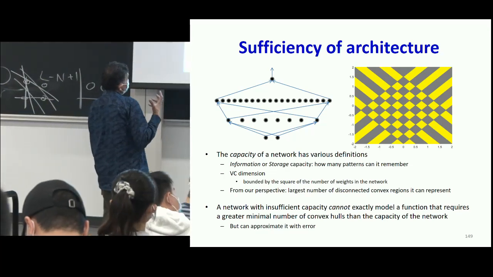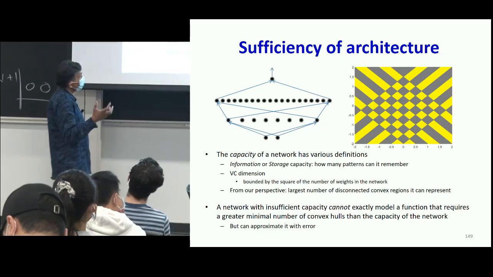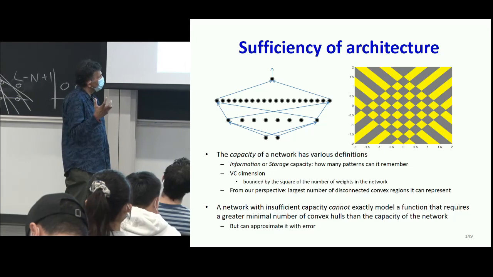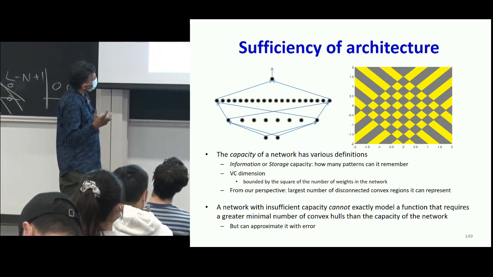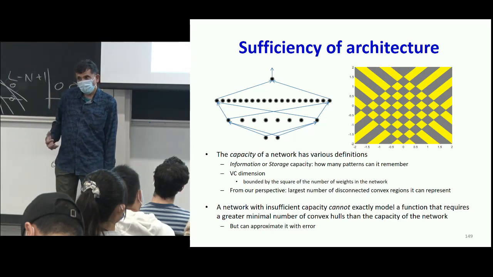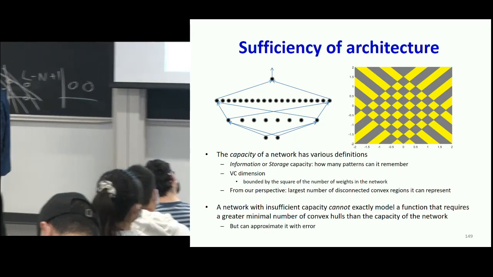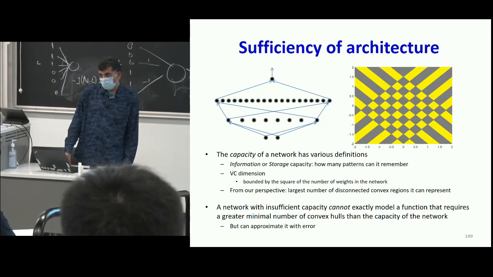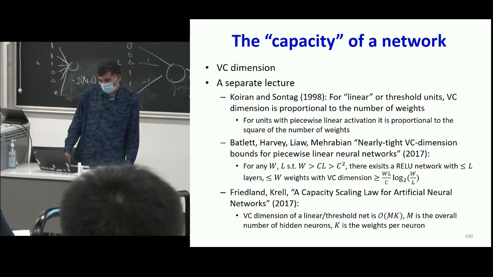A network with insufficient capacity simply cannot exactly model a function that requires a larger minimal number of convex hulls than the capacity of the network itself. So we can approximate any function with error, but how well it can approximate a function is going to be limited by the capacity of the network itself.